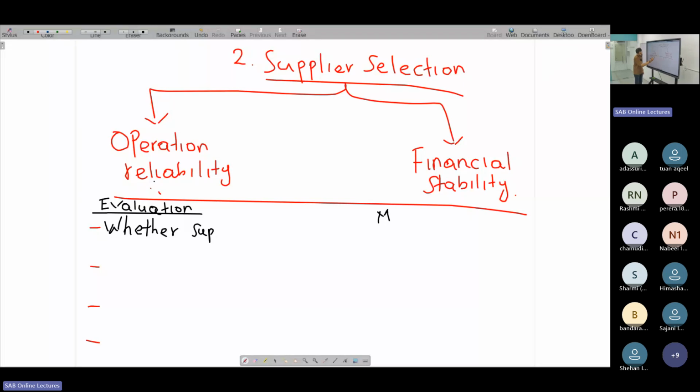First, whether the supplier can deliver required quantities.